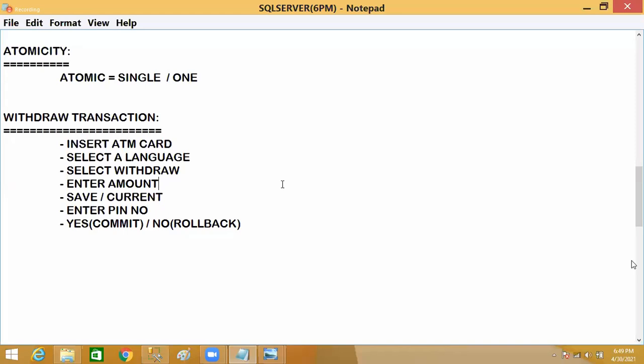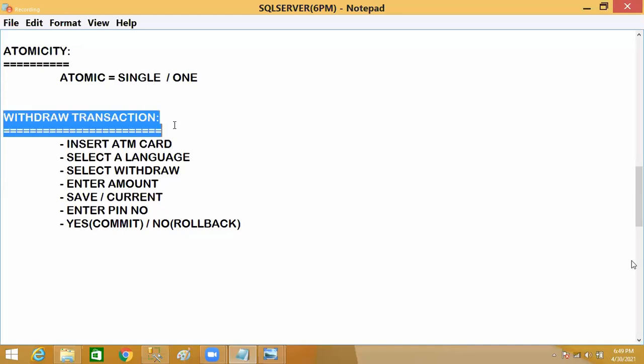Are you doing 6 withdraw transactions, sir? Think here. Once you press yes, how many transactions did you do? Only one transaction, a withdraw transaction.